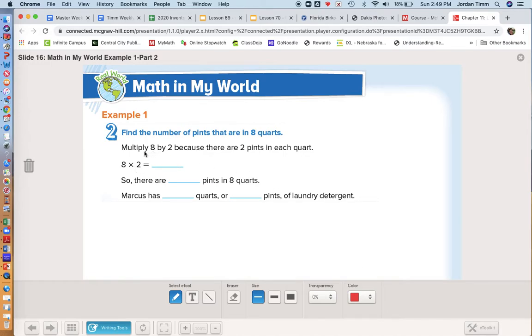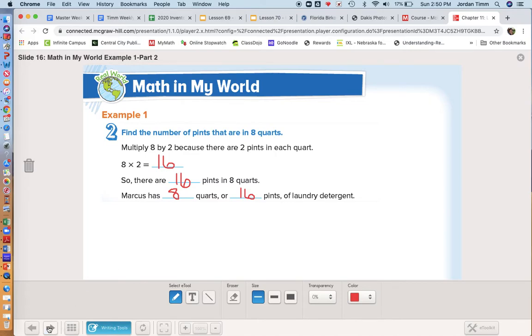Okay, so we have to multiply 8 times 2. So 8 times 2 is 16. So there are 16 pints in 8 quarts. Okay, so Marcus has, we could either say he has 8 quarts or 16 pints of laundry detergent.